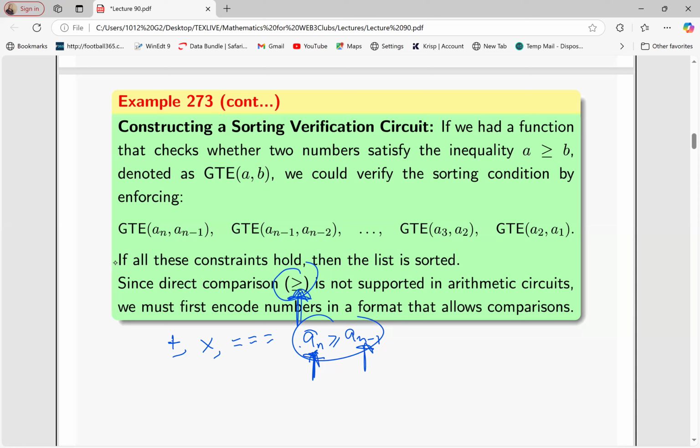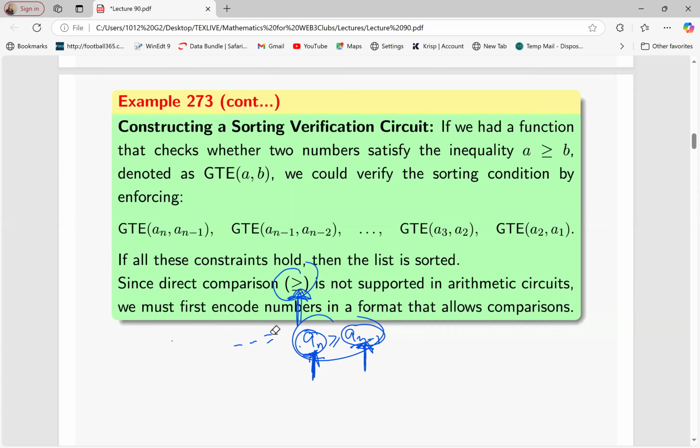The values we have are in decimal. Once we convert them to binary, we have a way to compare the values while they're in binary. So that is what we will be looking at, that we can never bring the sign greater than or equal to directly into our arithmetic circuit.